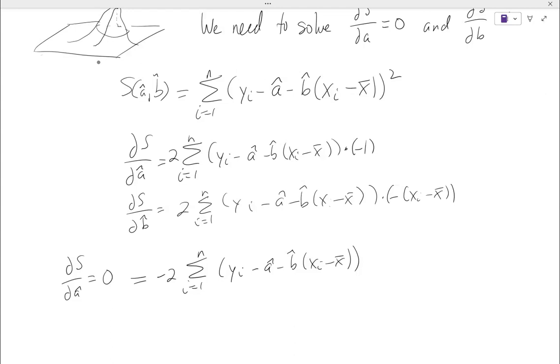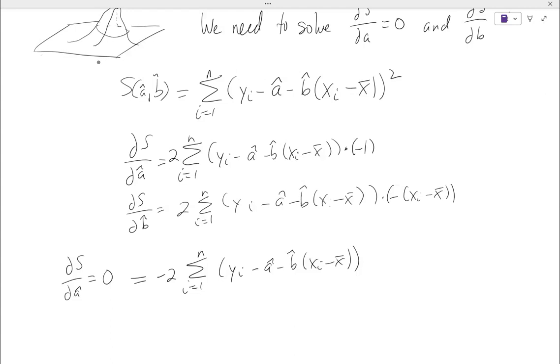What are we trying to solve for? We want a and b. Let's solve this for a in particular. Start there. I want to solve for the a hat. What do I want to do? Split the sum. Let's do that first before we do anything else.